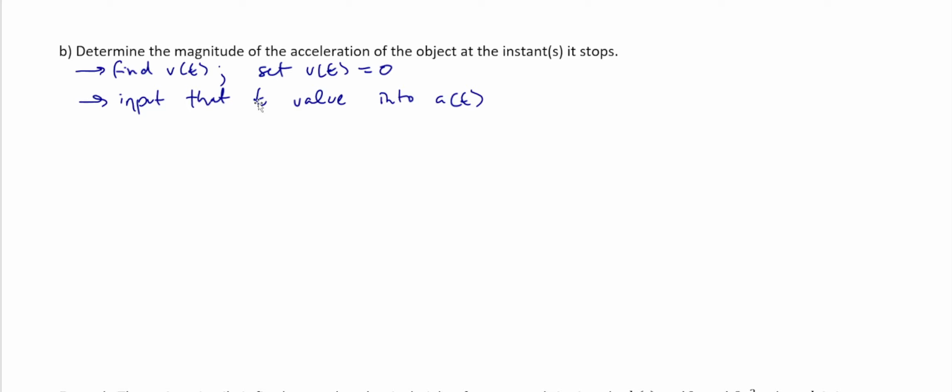Once I have that t value, then I can sub that into the acceleration function. So again, I'm going to find the velocity function. I'm going to set it equal to 0 because the object has stopped. Once I find that t value that causes the velocity function to equal 0, I'm going to input that t value into the acceleration function.